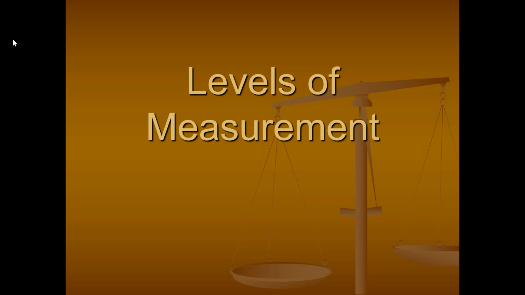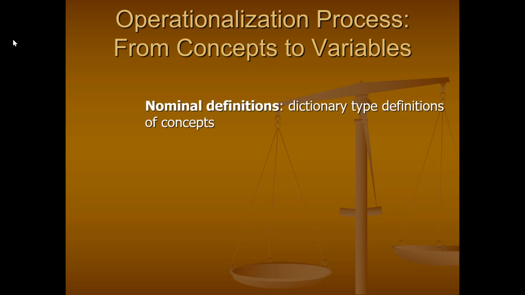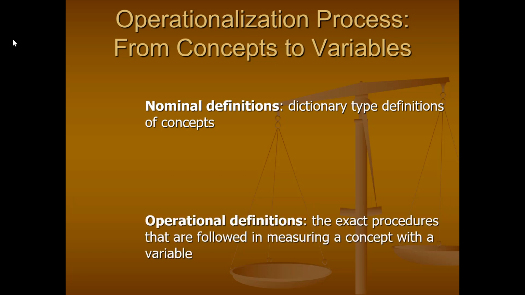Before we get into the topic for today, I just want to talk about the operationalization process that I went over in the fundamentals video. If you recall, we were talking about how to go from concepts to variables. We talked about how nominal definitions are dictionary type definitions of concepts, while operational definitions are the exact procedures that are followed in measuring a concept with a variable.